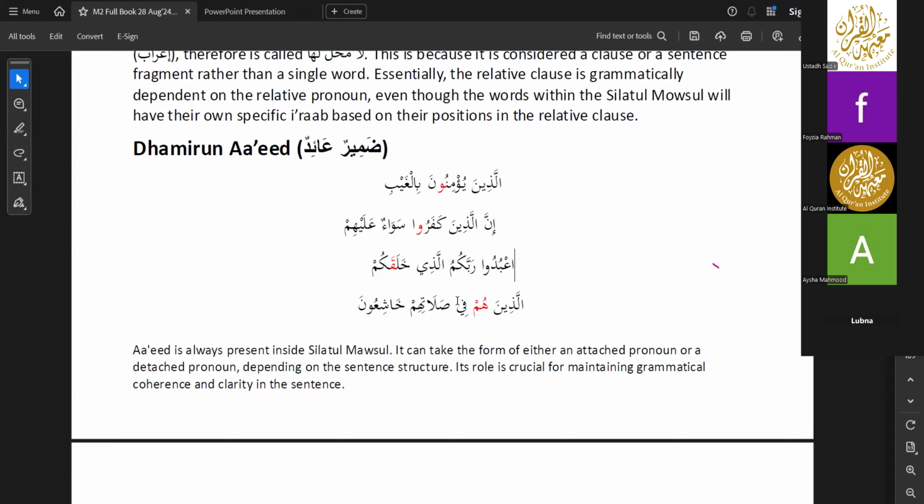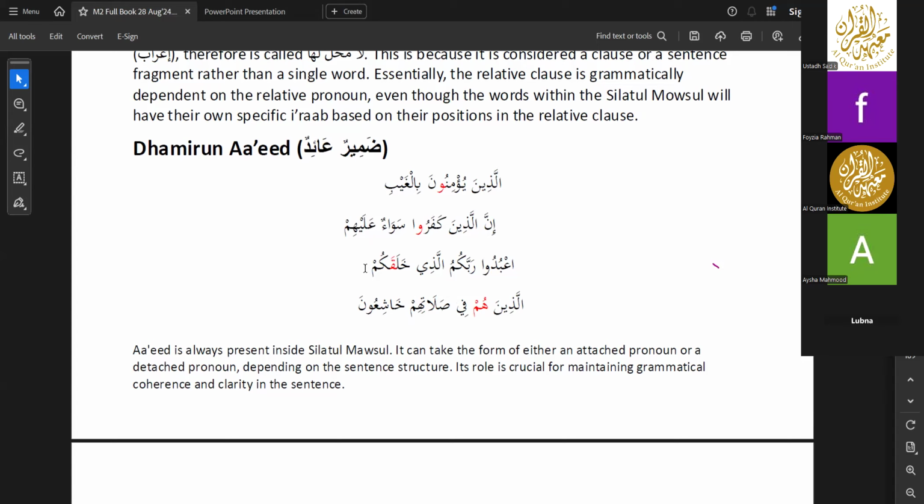Okay, there is one point missing here, brothers and sisters. Listen to me. Silatul Mawsul can never form without one element. It means within the Silatul Mawsul, there has to be a detached pronoun hidden, and that will point to the Ismul Mawsul. If this is not there, this is not a Silatul Mawsul at all.